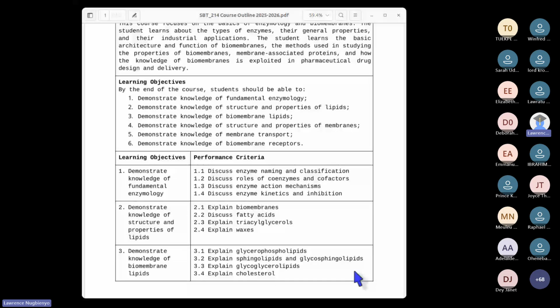And then we'll continue to take a look at the roles, the functions of what we refer to as coenzymes and cofactors. We'll continue to take a look at mechanisms of action of enzymes. And then we look at kinetics. There we'll look at some processes of inhibition of enzyme activity.